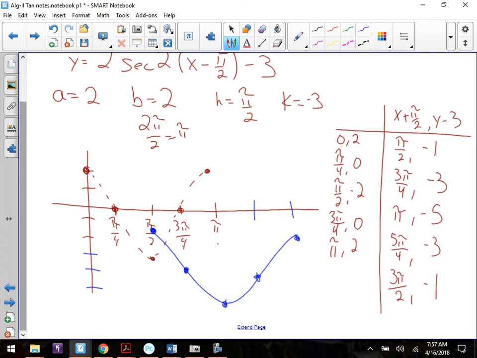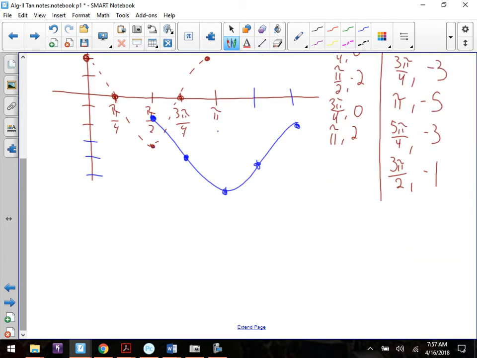Where's your new 0 line? -3. My new 0 line here is at -3. Am I okay with that? The reason why I wanted to figure out where that's going to be located is because that's the easy spot to know now that I have this as my 0.